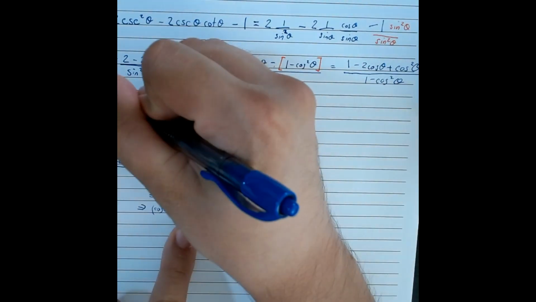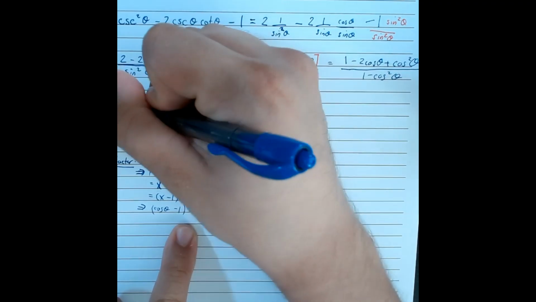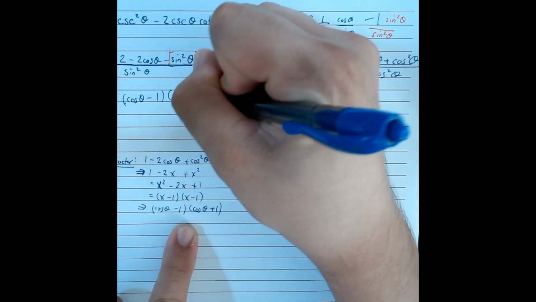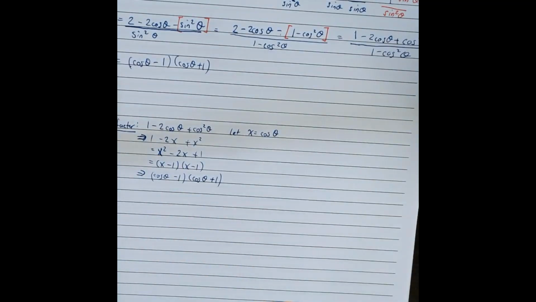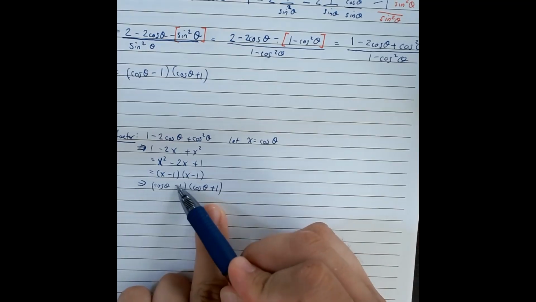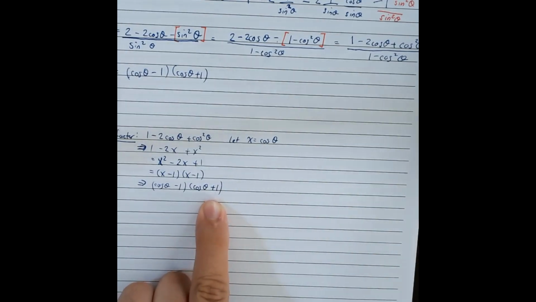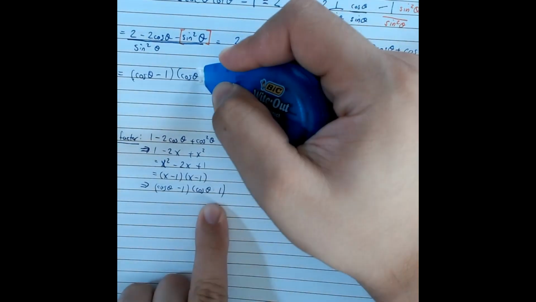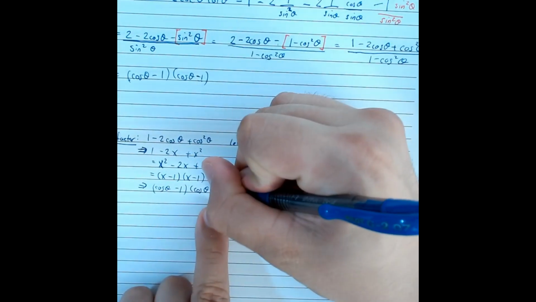So I can now rewrite that numerator as cosine of theta minus 1 times cosine of theta minus 1. Sorry, I wrote a plus earlier for no good reason. That should be a minus, just like that.